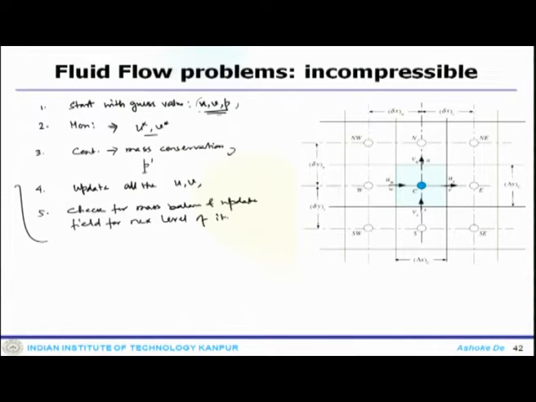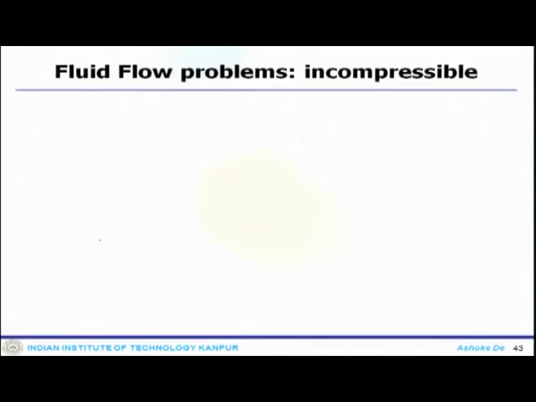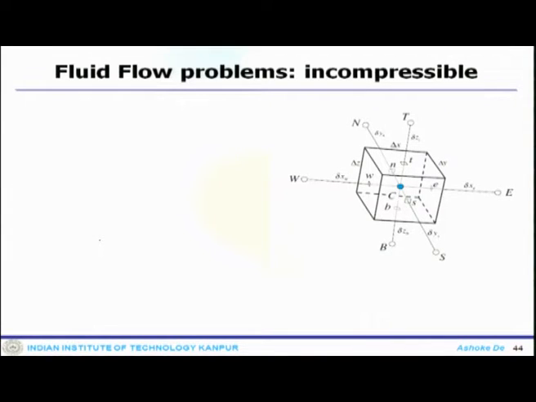Now, this is what happens when you deal with a two dimensional grid. From two dimensional to three dimensional, things change. If you go to a three dimensional cell, this will be a 3D Cartesian element.